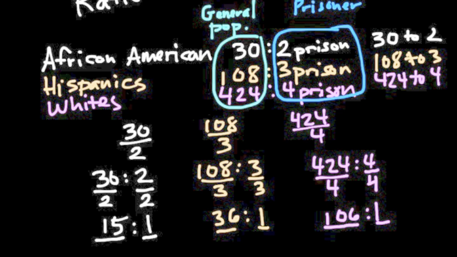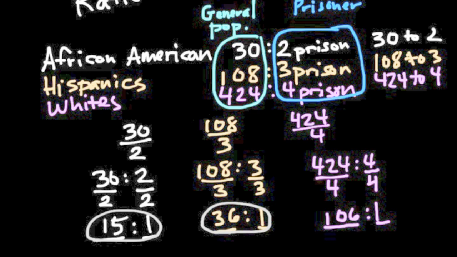Let's see if we can interpret this. For every 15 black males, 1 is in prison, while for Hispanics it's 36, so more than double: for every 36 Hispanic males, 1 is in prison.